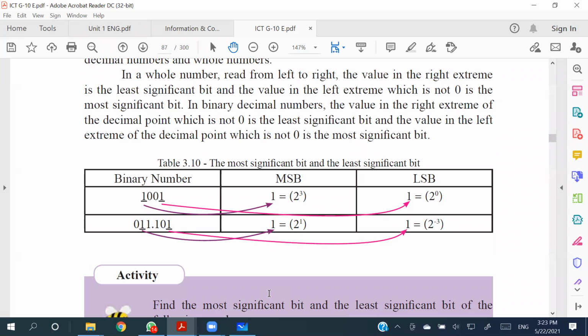So most significant digit is addressed as most significant bit in a binary number, and least significant digit is addressed as least significant bit in a binary number. Yes, everyone? Did you get the picture?